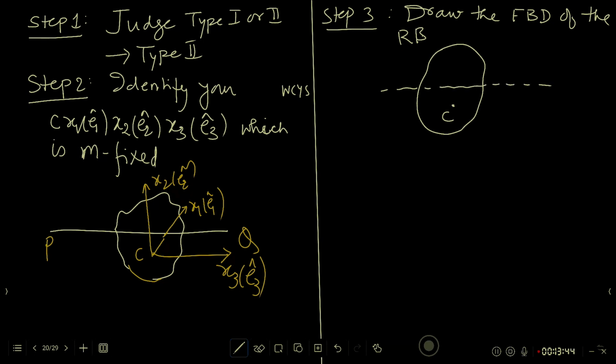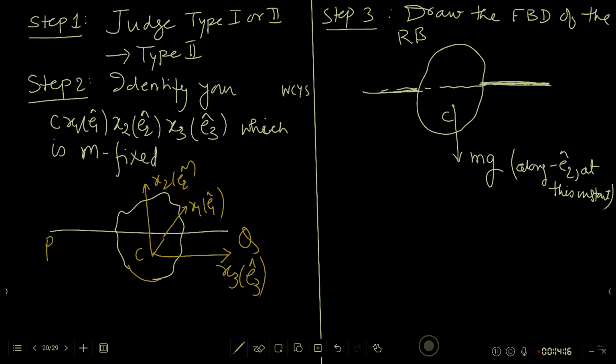This is C. At C I have of course mg acting. At this instant it is acting along minus E2. At this instant. What forces I should put on this? What other forces? This is the massless part of the body.